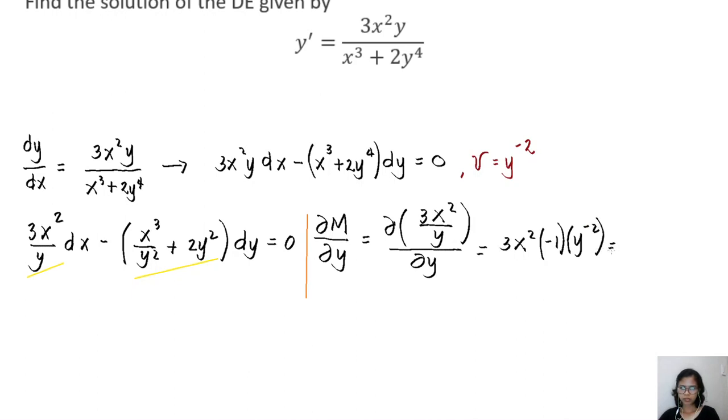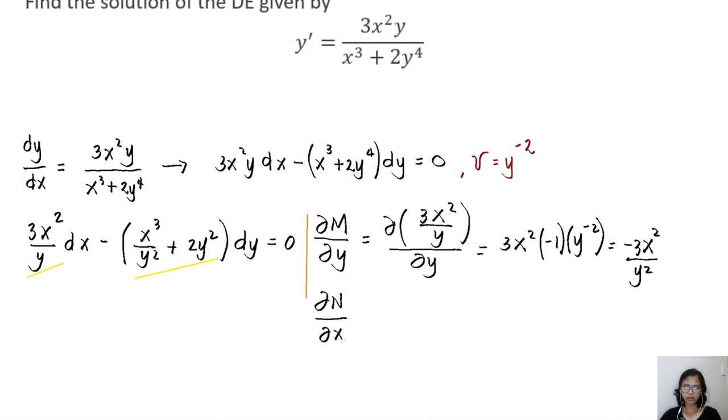So that makes this negative 3x squared over y squared. How about for the partial derivative of n with respect to x?